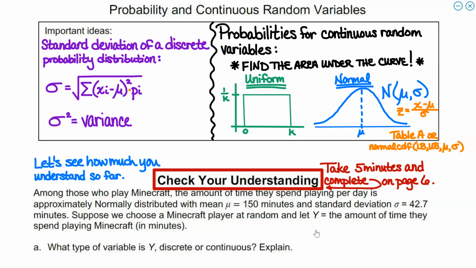Standard deviation for discrete. This would be if it can only take specific values and you can't have the ones in between. So number of kids in your family, shoe size. When I had you guys pull the wages from a hat, those can only take on very specific values and it can't take on the values in between.